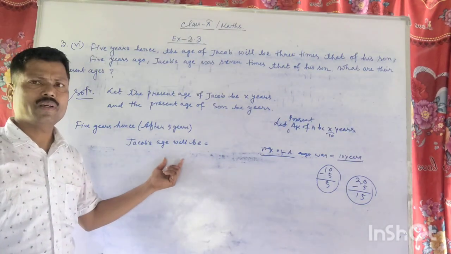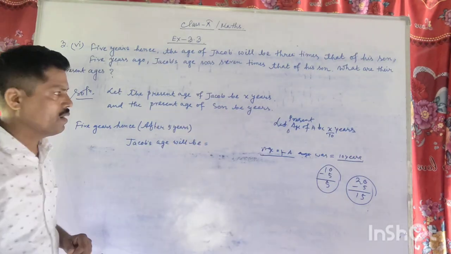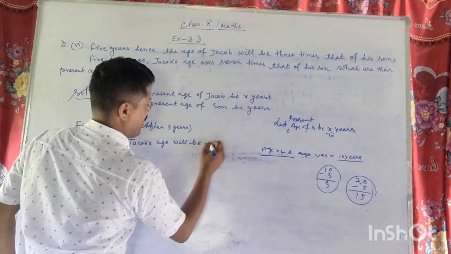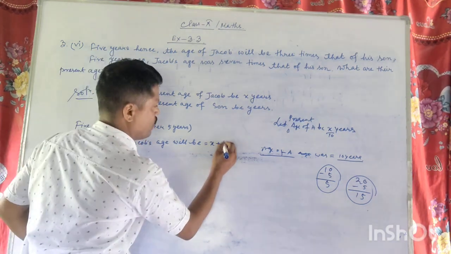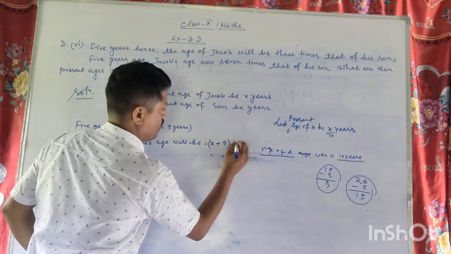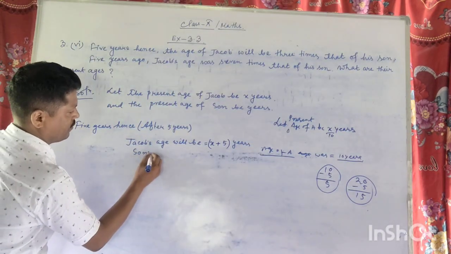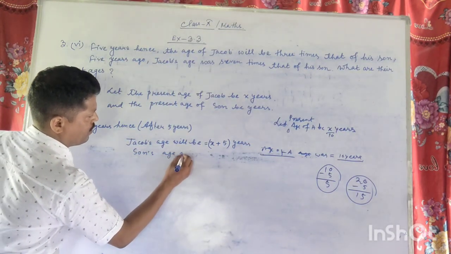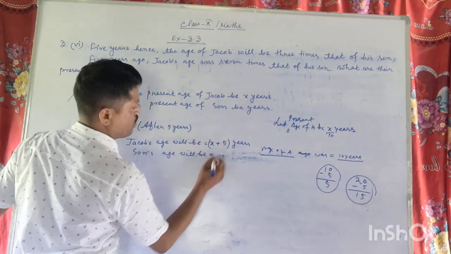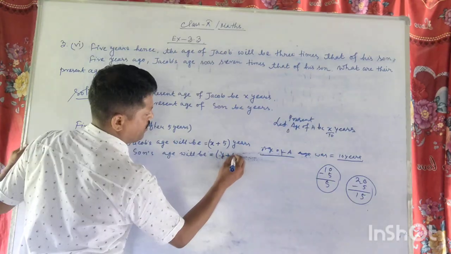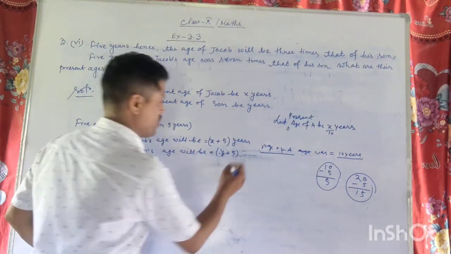After 5 years, if we have to find the age, then we add 5 to the present age. So present age X plus 5 years. Son's age will be, son's present age is Y. After 5 years, then write here 5. So Y plus 5 years.